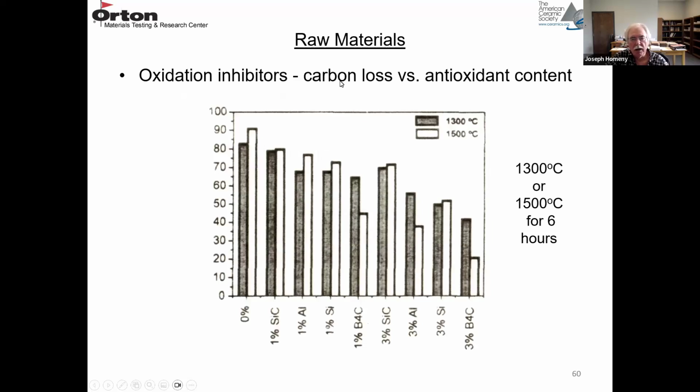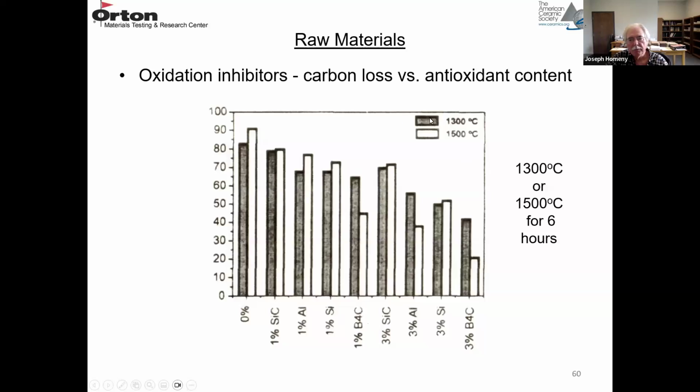So this is a plot of carbon loss versus this antioxidation content. So the carbon loss goes from 0 to 100%.